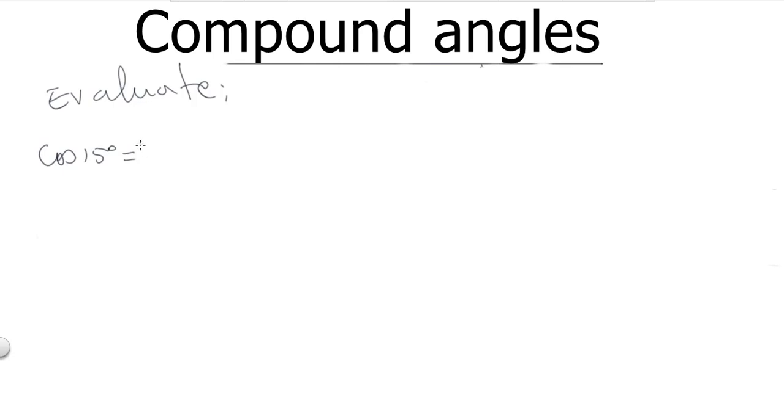There we go. We can have cos of 45 minus 30. All right, so we know the formula.